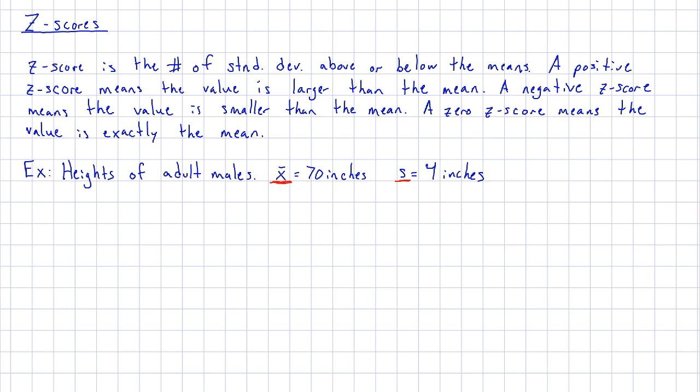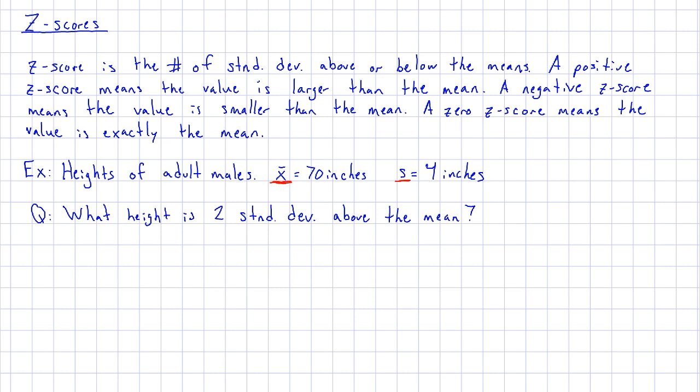So let's consider just in words a question: what height is 2 standard deviations above the mean? So I would take my mean, which is 70 inches, and I would add the standard deviation twice.